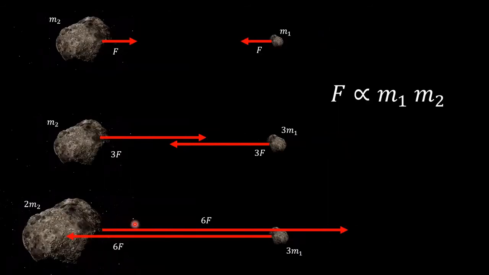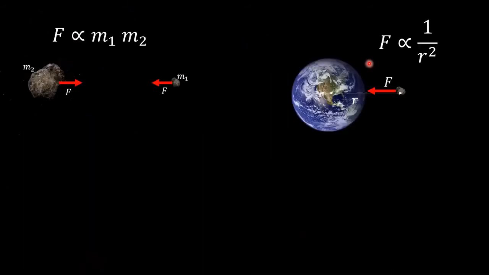So the way we summarize that is by saying that force is actually proportional to the product of the two masses. See how if you plug in 3 times m1 and 2 times m2, overall you pick up a factor of 6 out front. 3 times 2 is 6.